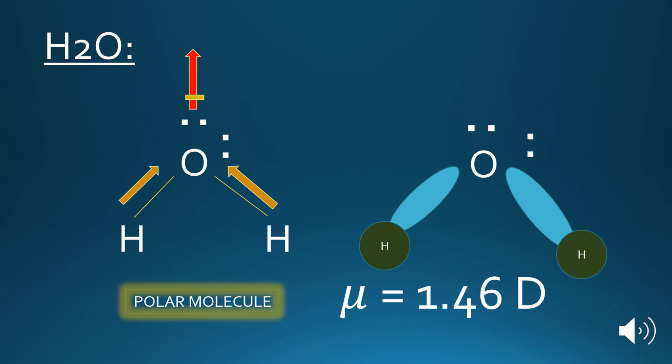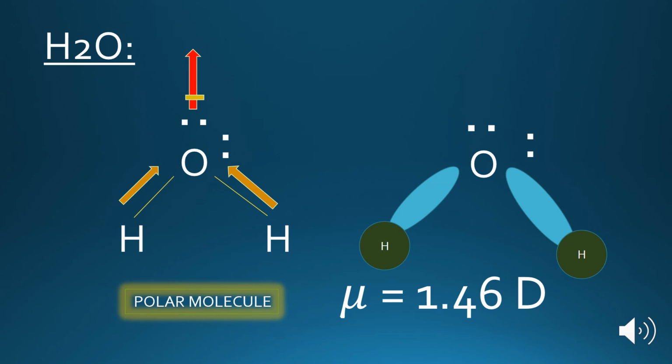Friends, let's discuss an example of two lone pairs of electrons in the case of a water molecule. Look here, the oxygen is more electronegative than the hydrogen, so these arrows are pointed in an upward direction. So what will be the resultant dipole moment? Here you can see that we have two lone pairs of electrons, and we know that when we have lone pairs of electrons, it must have some dipole moment value.